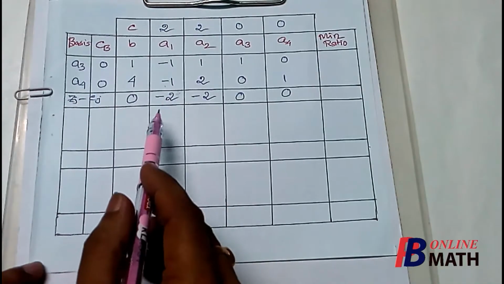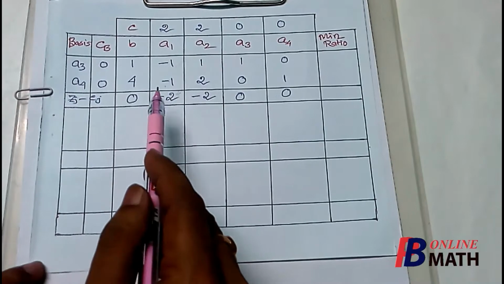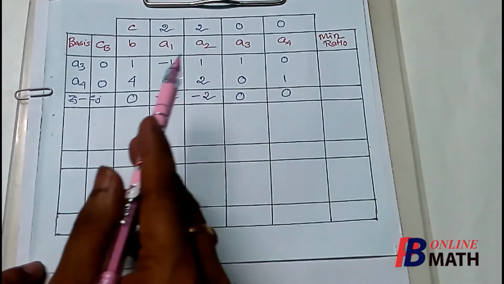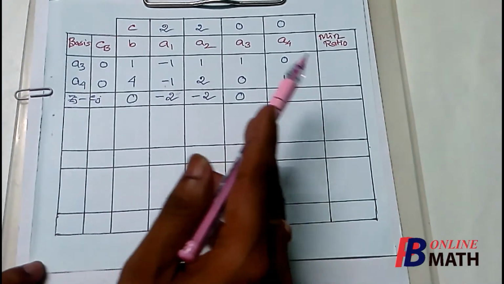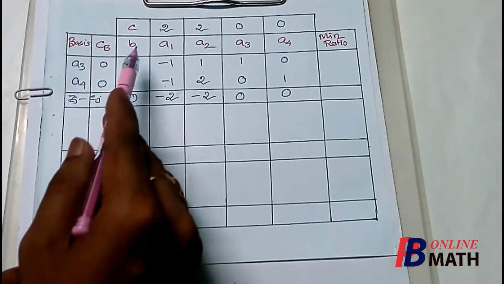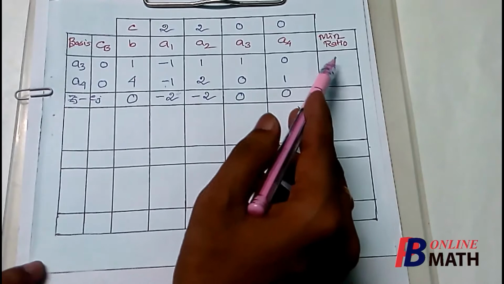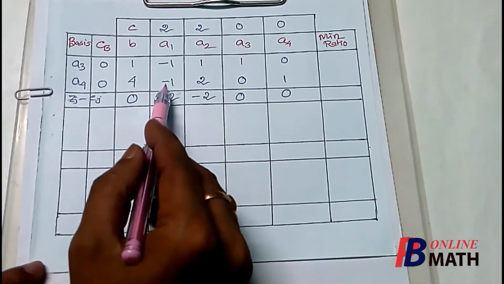Next we have to determine which vector will leave the basis. For that we have to find the min ratio, and to find the min ratio we have to find some ratios, and we know that the ratios can be found by dividing this b vector by the coefficient vector. So the ratios will be 1 by minus 1 and 4 by minus 1.